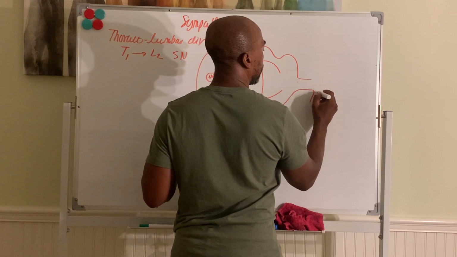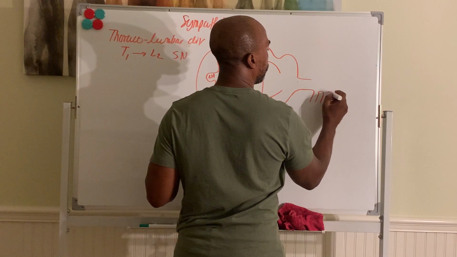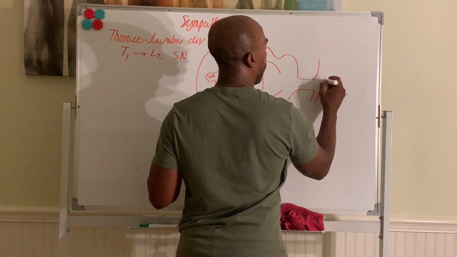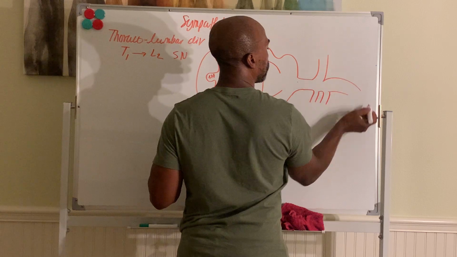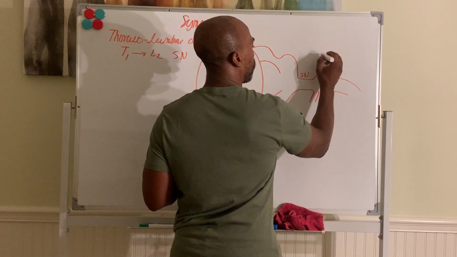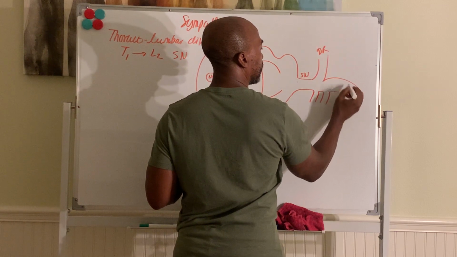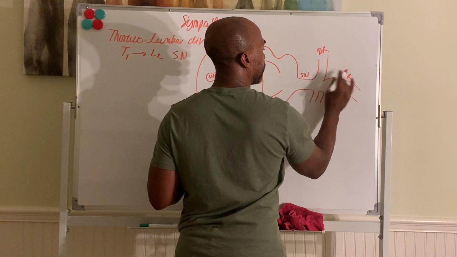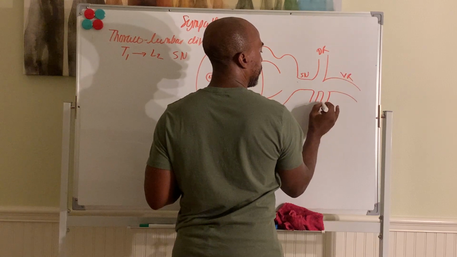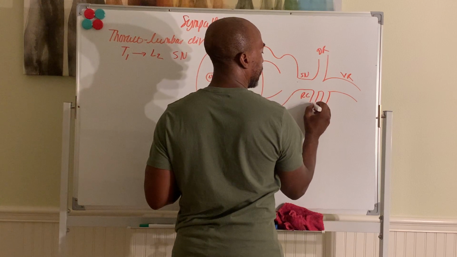And then you have rami of the spinal nerve. So this part here is the spinal nerve. This part is called a dorsal ramus. This is the ventral ramus. And these two things here are called your rami communicantes.